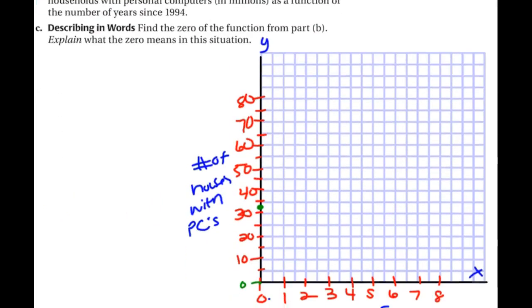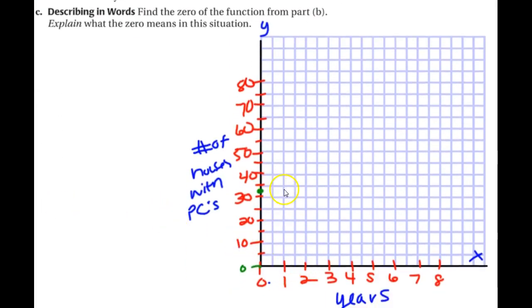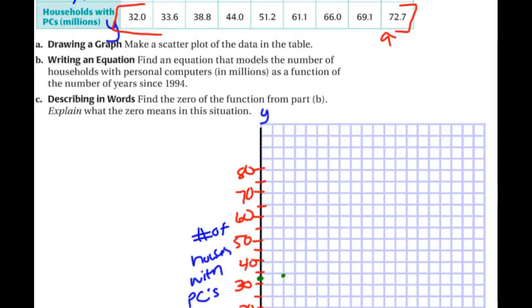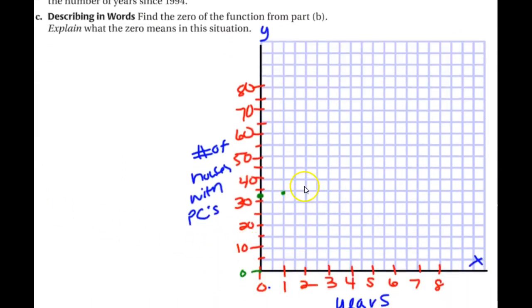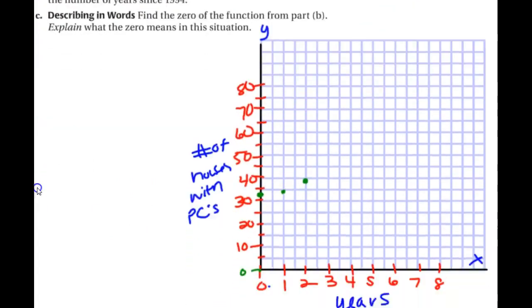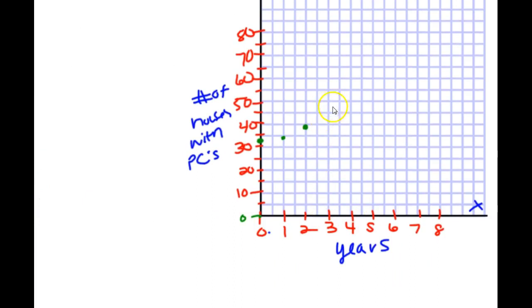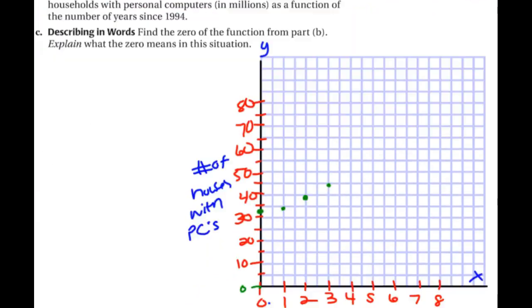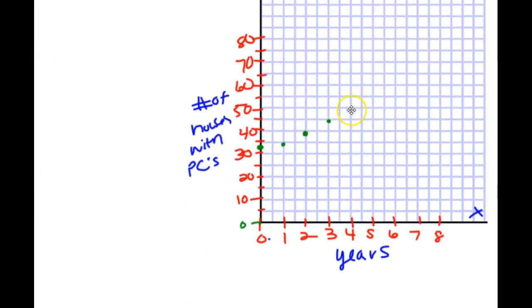In year 1, we're at 33.6. In year 2, we're at 38.8. In year 3, we're at 44.0. There's 45. 44 is a little bit less. Year 4, we're at 51.2. So here's about 50, 51.